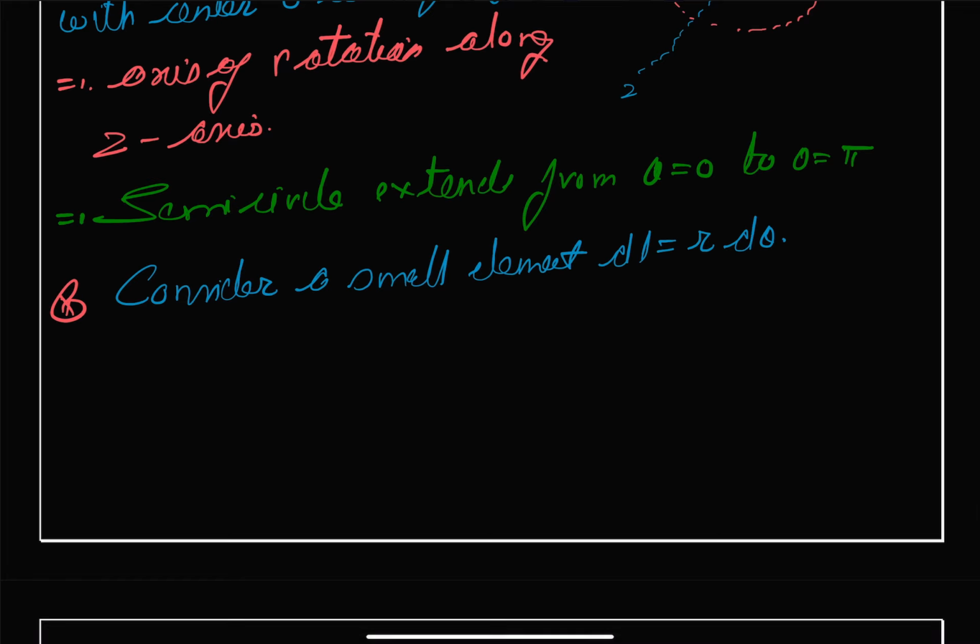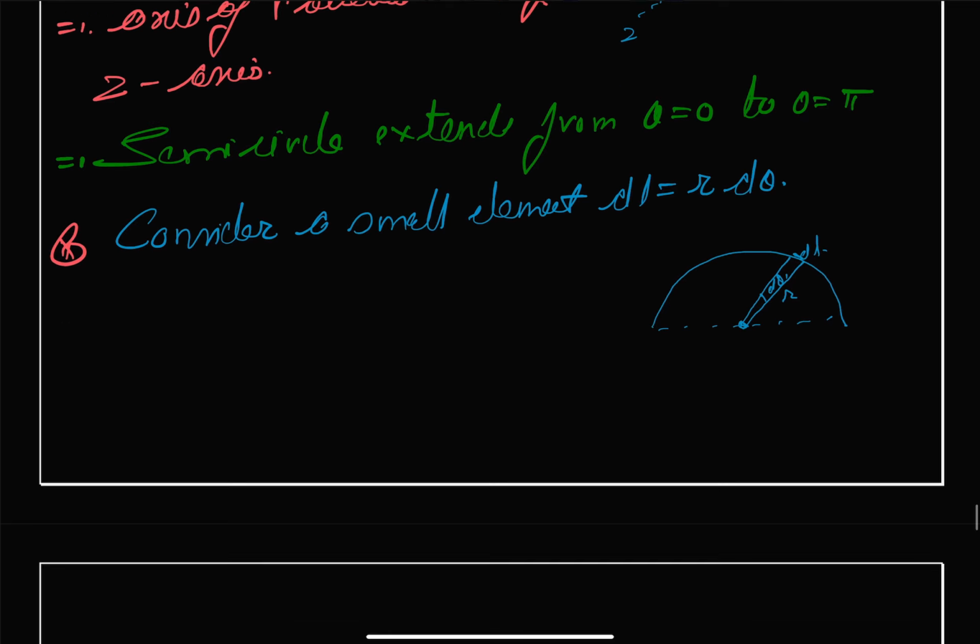Small element basically means, this is the center, so we consider a small element, this is our dl, the radius is r, and this angle is our d theta.